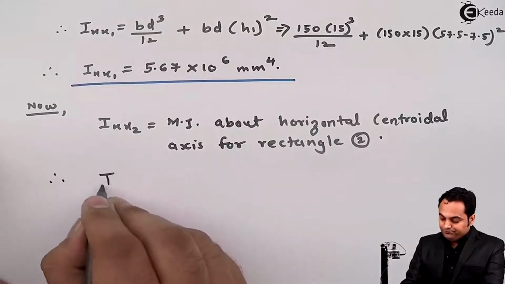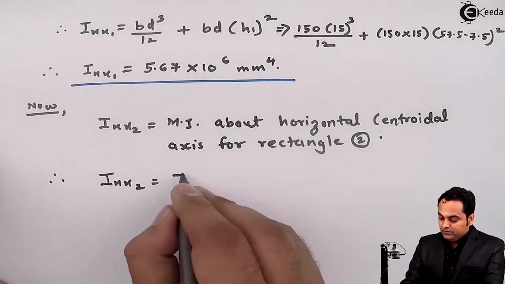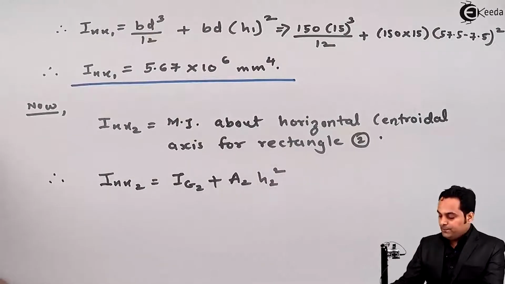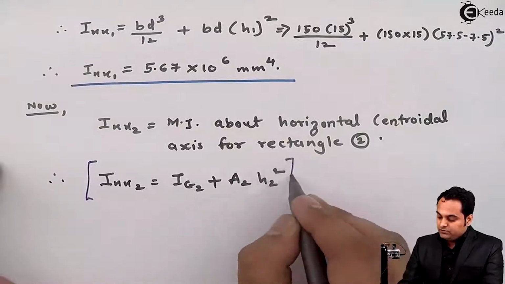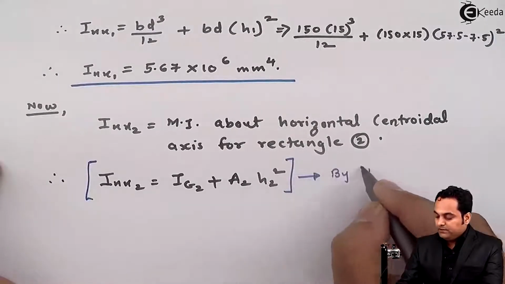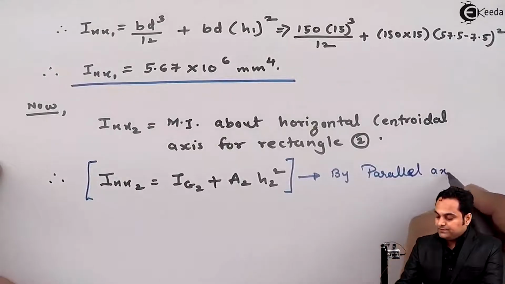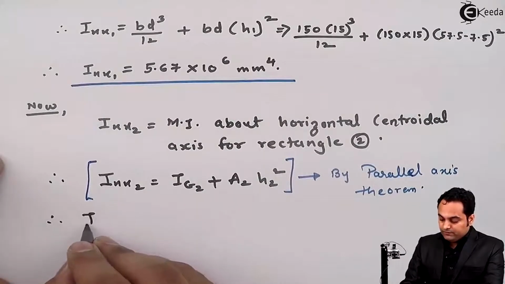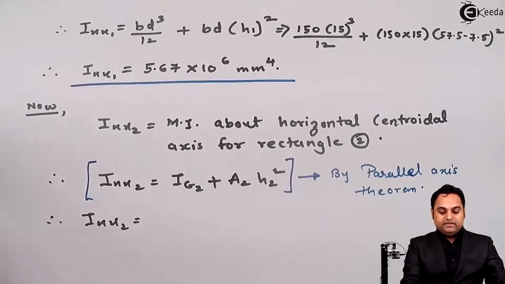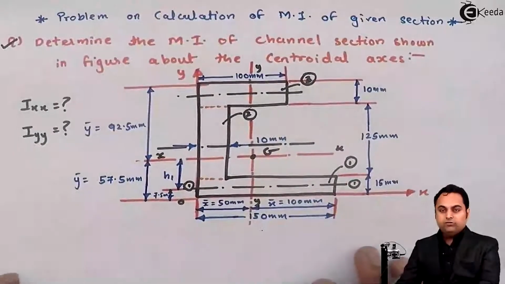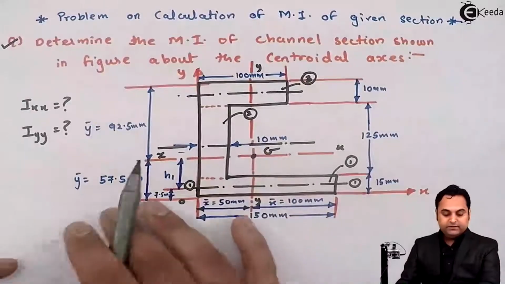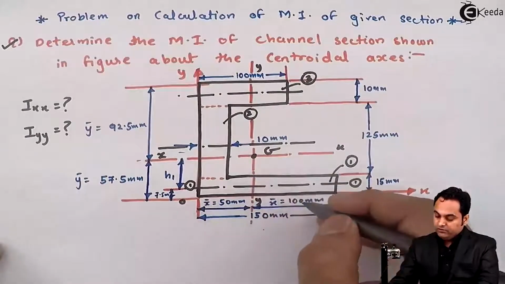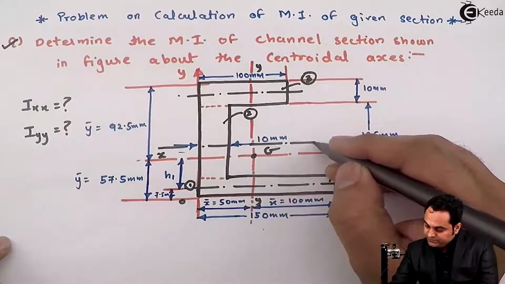So Ixx2 is equal to Ig2 plus area 2 into h2 square, and this has also come from the parallel axis theorem. Now, as we can see, the x-axis of rectangle number 2 is passing at a distance of 72.5 from bottom, that is the distance here.